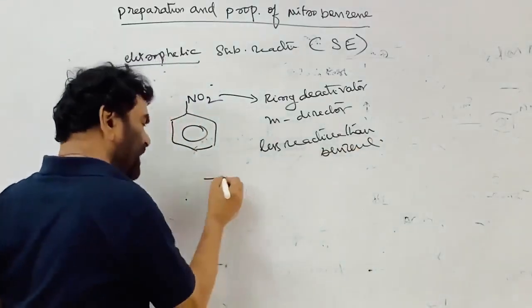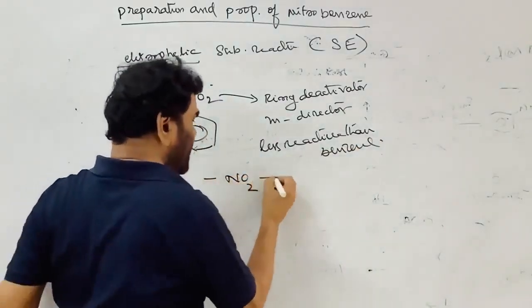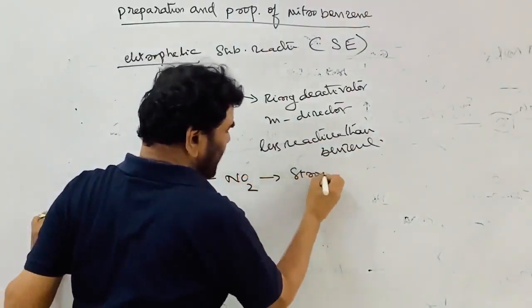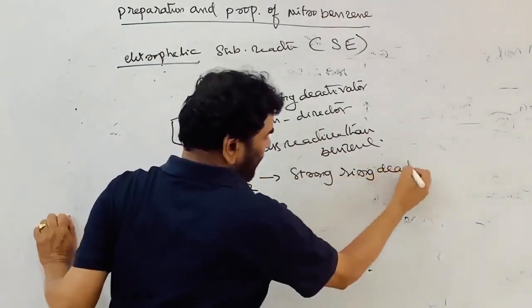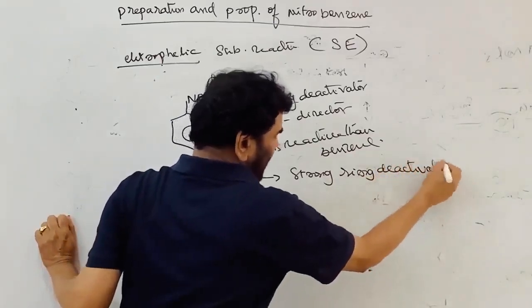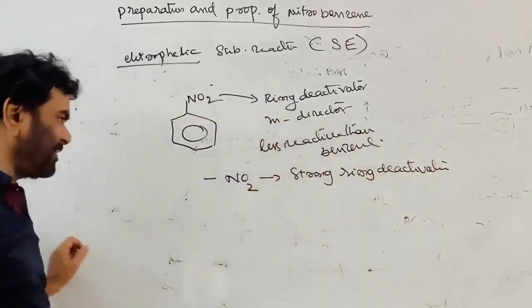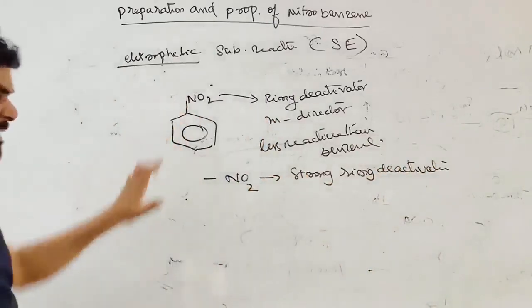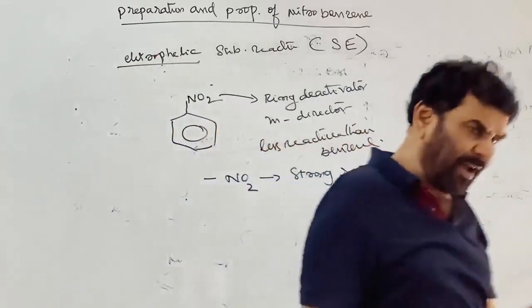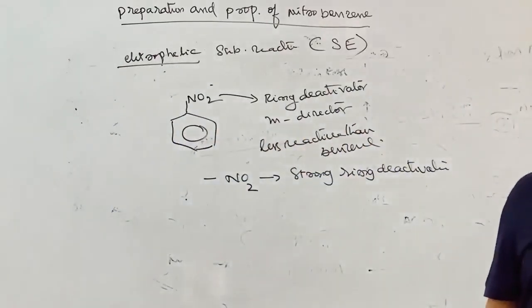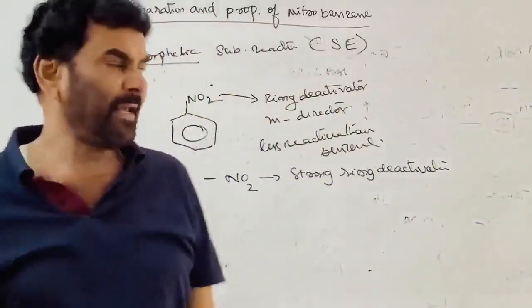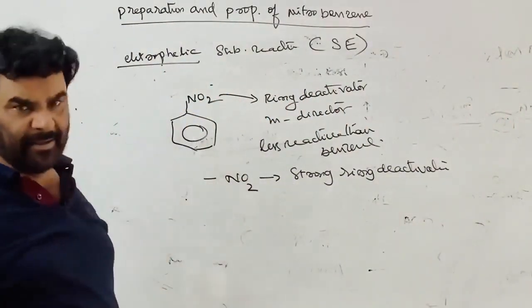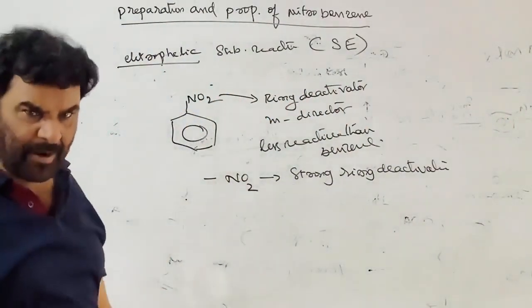So NO2 is a strong ring deactivator. Therefore reactivity is very less. That is the tendency of nitrobenzene to take part in electrophilic substitution reactions is very less. Therefore it does not take part in the reaction.